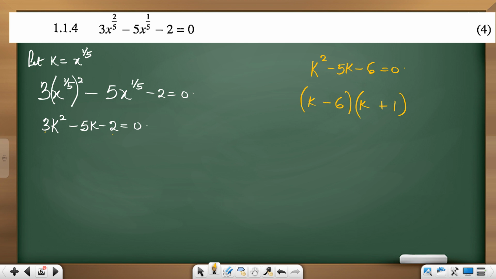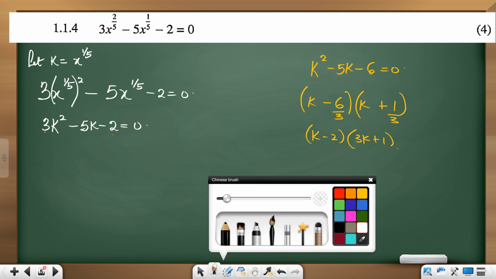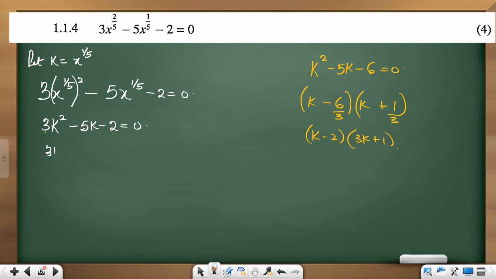But remember what I did. I had multiplied by what? 3. So what do we do? Divide by 3. So this would give me k minus 2. And this is 3k plus 1. Okay, that's what I'm going to bring in here: 3k plus 1, k minus 2.